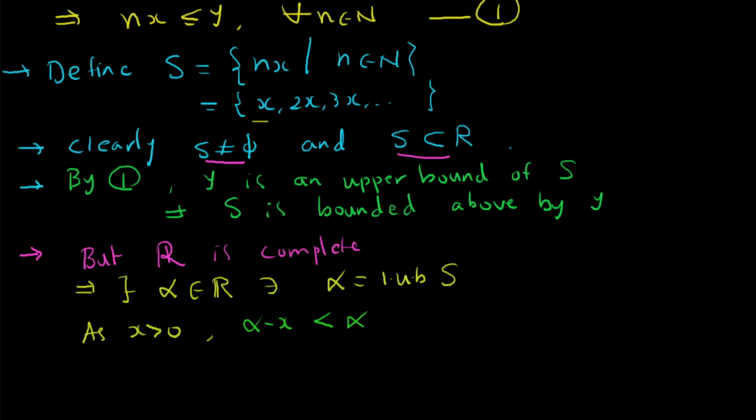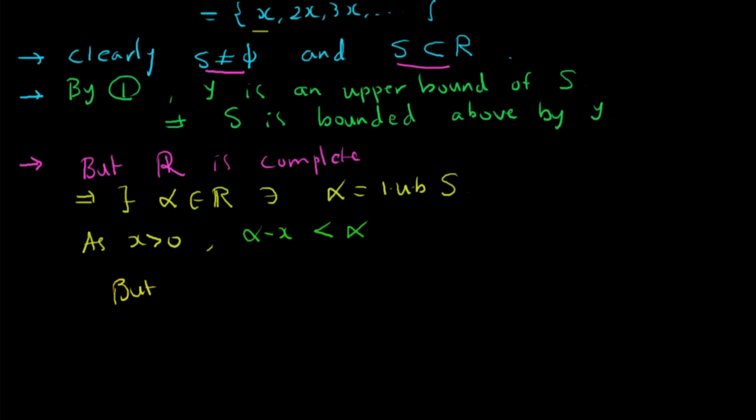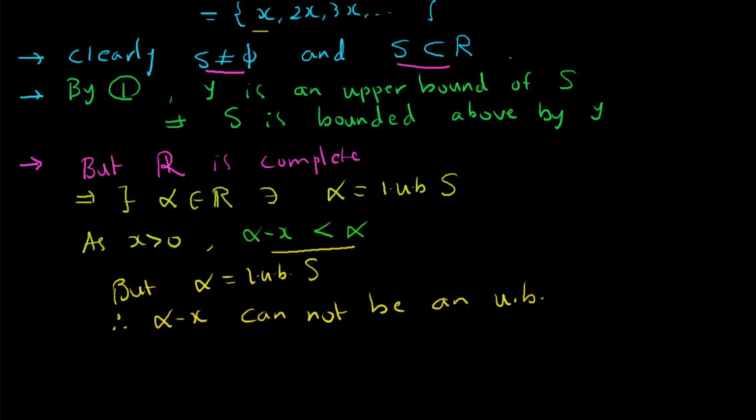So alpha minus x is less than alpha. But alpha is the least upper bound of S, and here we are saying that alpha minus x is less than alpha. So this alpha minus x cannot be an upper bound of the set S.